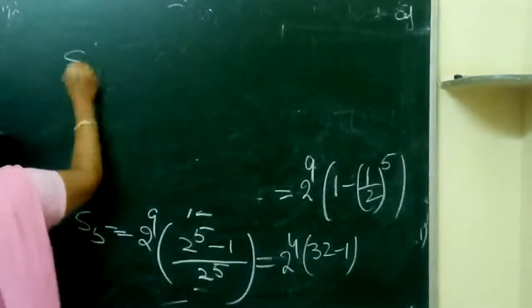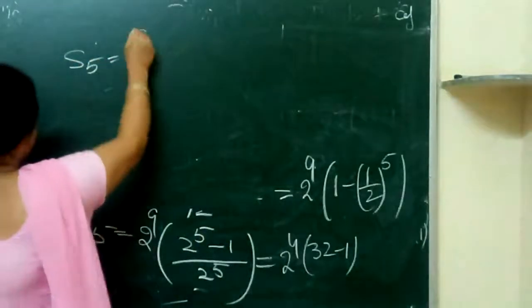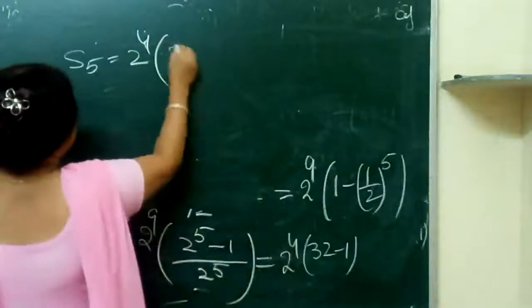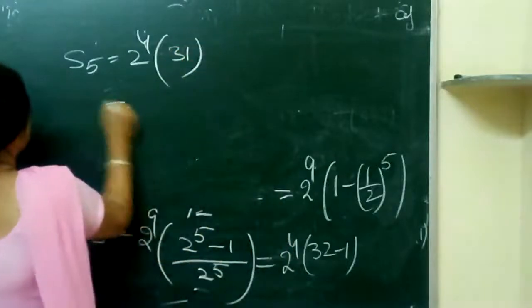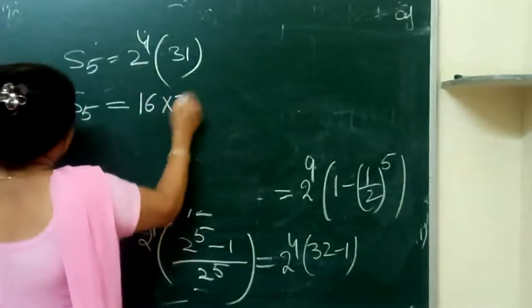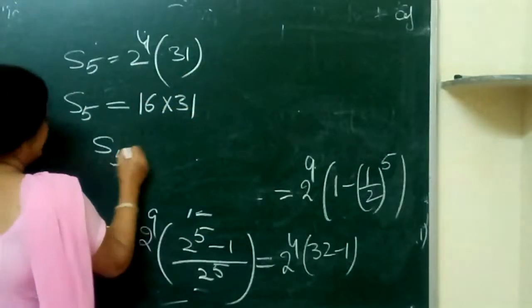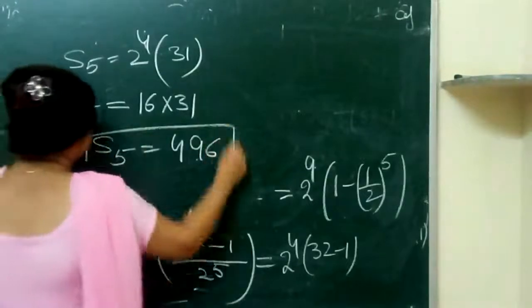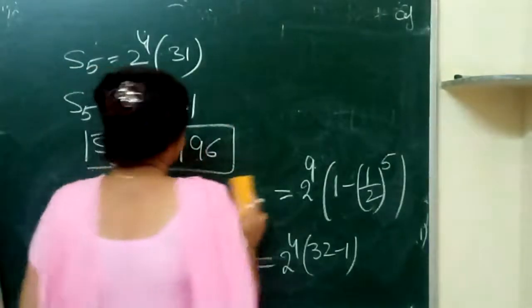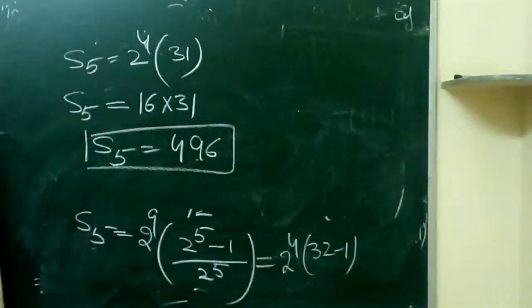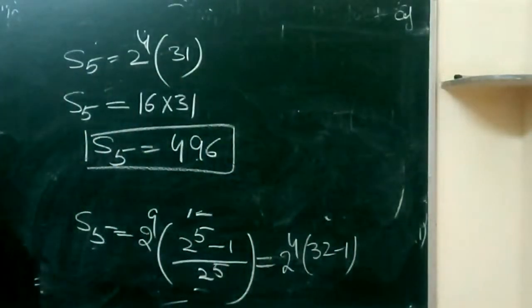After that, S5 is equal to 2 raised to power 4 into 31. So S5 is equal to 16 into 31. After multiplying, the value of the sum is coming 496. This is the solution of question number 19. That is, the sum is 496.